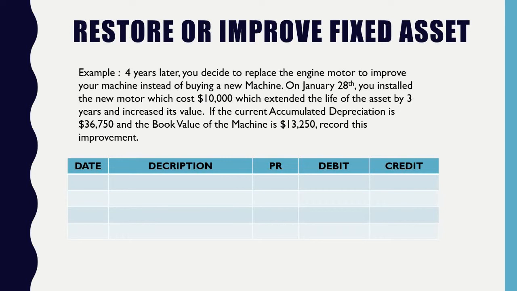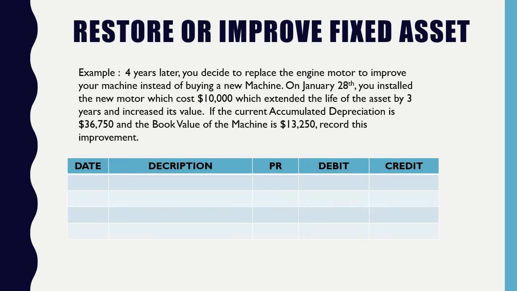If I choose to fix my fixed asset, how do I go about fixing and depreciating it moving on forward? In this case, I'm replacing the machine with a new motor for $10,000. Okay? So I can either add the value to my fixed asset or I can counter it against my accumulated depreciation.